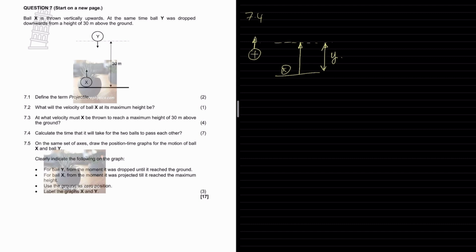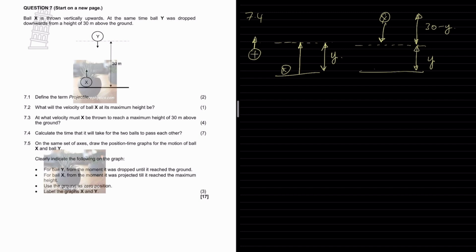For the other ball, Y, it's going to travel downward up to the point where it's going to meet the other ball, and that's my ground. So if this is Y, this must be 30 minus Y.